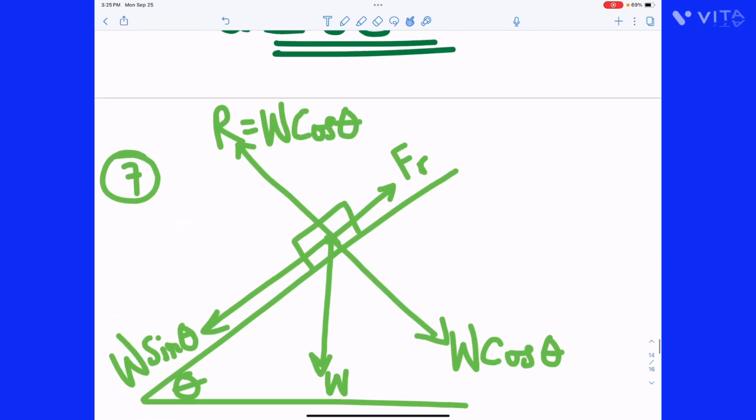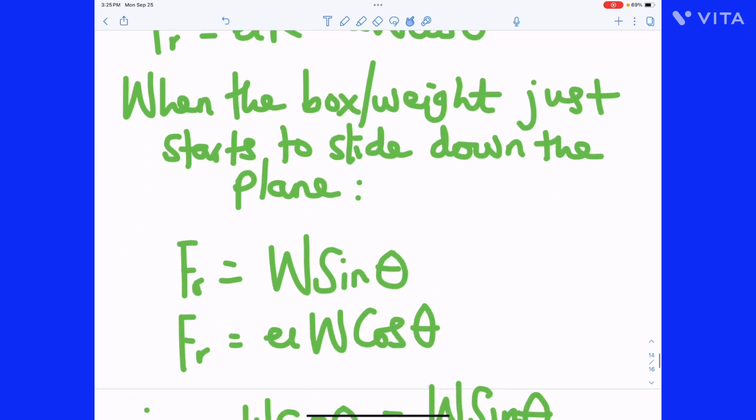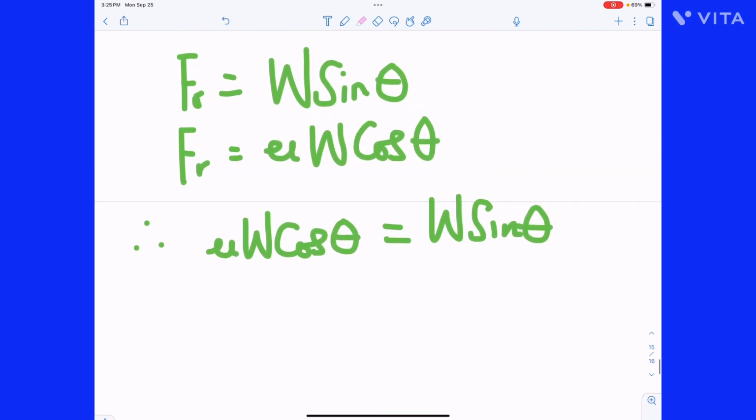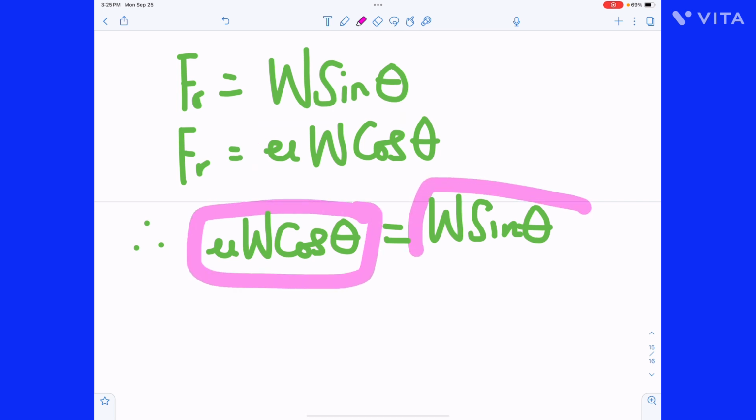We have written it here, that the normal reaction of the plane on the box is equal to W cos theta. That means we now have two expressions for friction, W sin theta and what? Mu W cos theta.